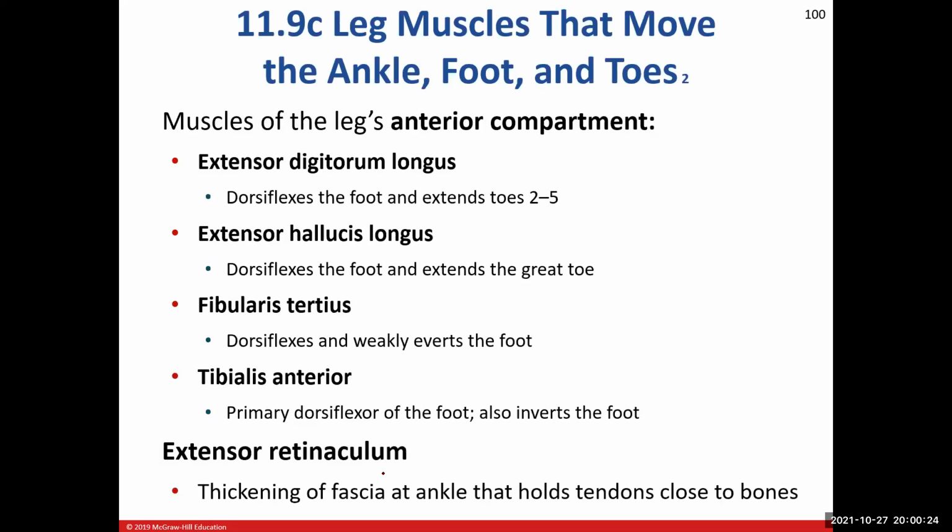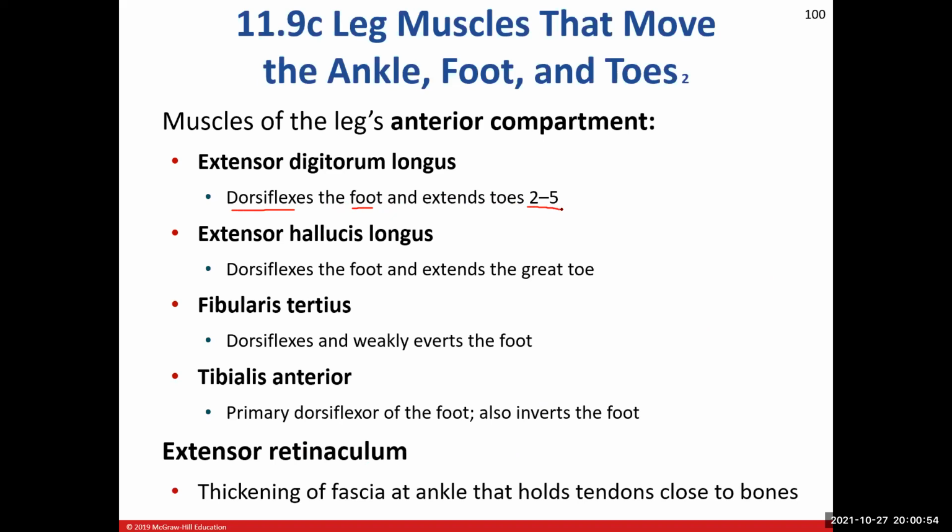All right, so when we're talking about the anterior compartment, some of these muscles are going to give you shin splints. Extensor digitorum longus and tibialis anterior are 2 of those muscles that are going to cause you shin splints. So extensor digitorum longus is going to dorsiflex the foot, and it's going to extend toes 2 through 5.